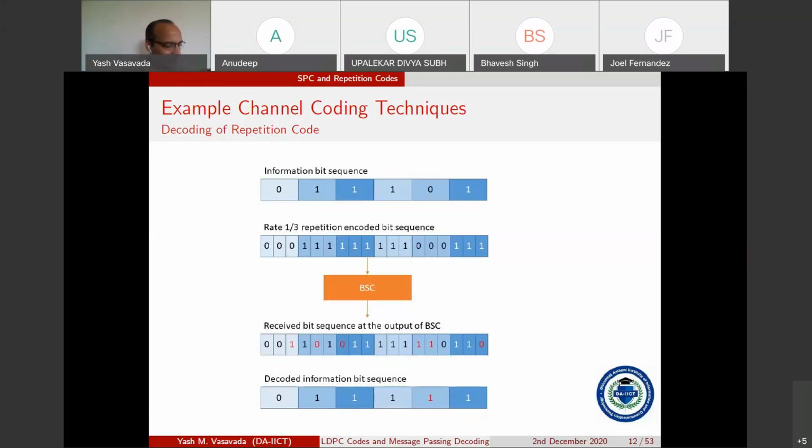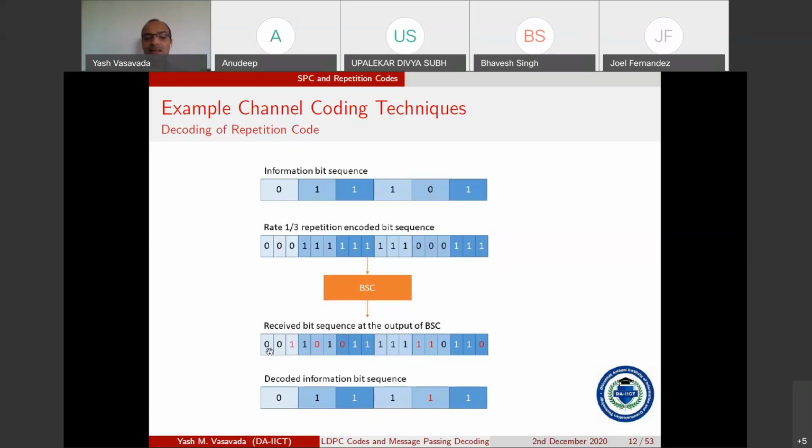So knowing the probability of these individual bits is going to help me.